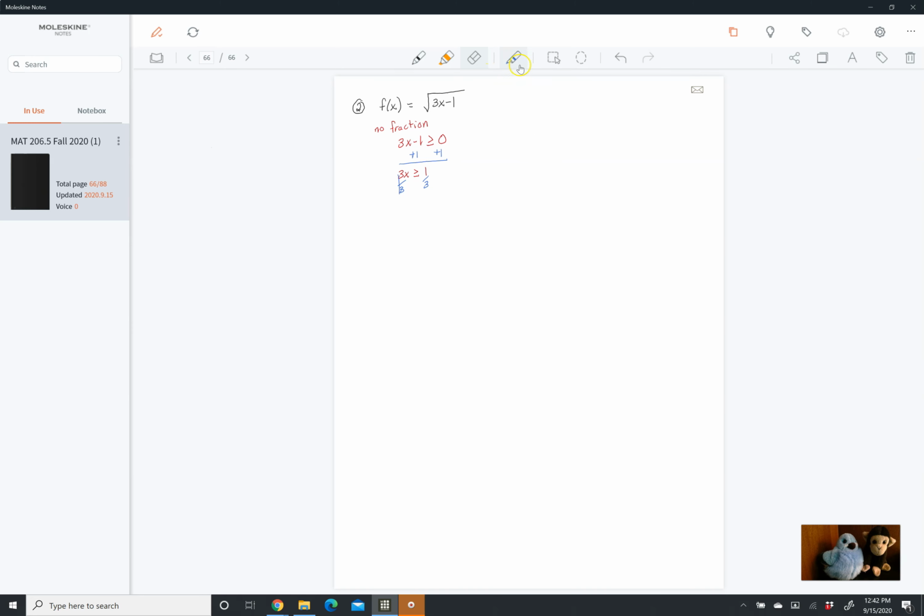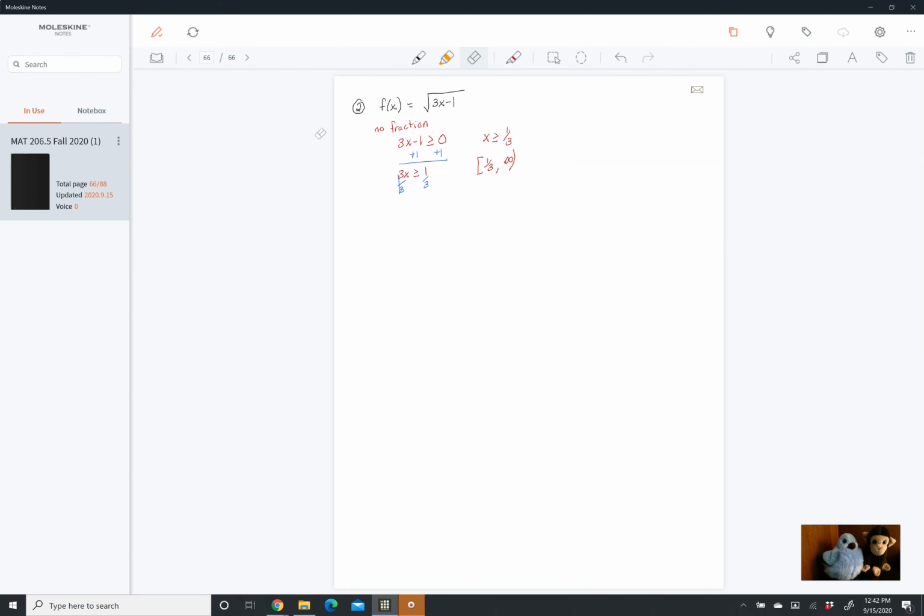And we get that x is greater than or equal to 1/3. So you have to write this in interval notation or set notation. Interval notation would be we start at 1/3 and we're greater than or equal to that. So we use a bracket and we go to infinity.